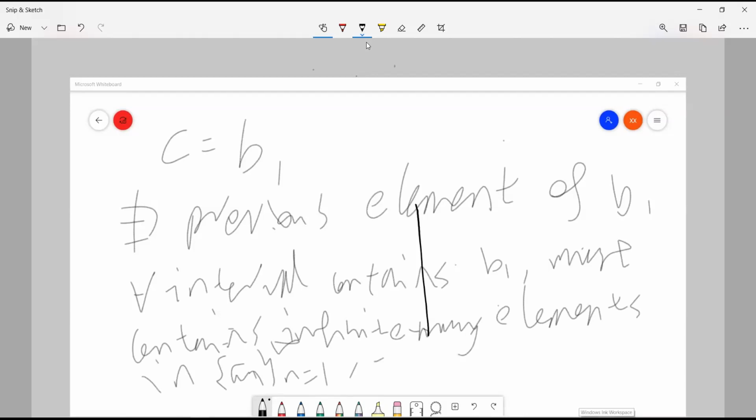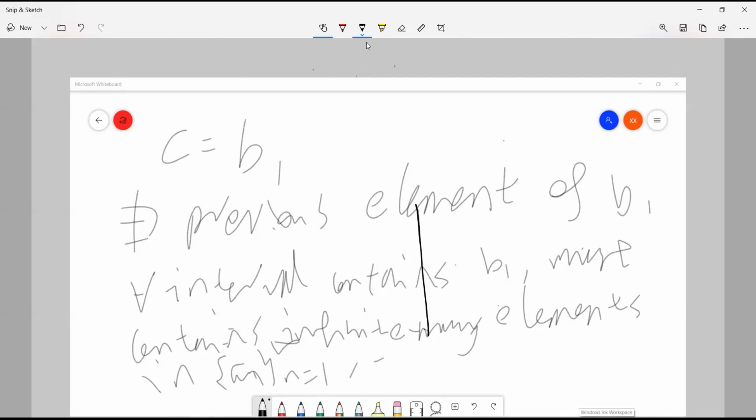This means if you only take a finite intersection of this kind of interval, you will not get a single B1, right?